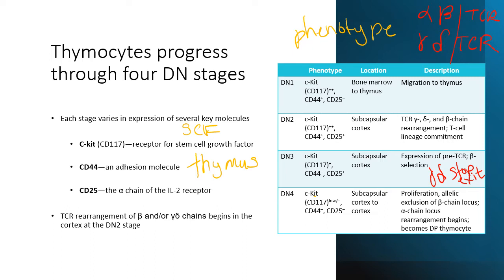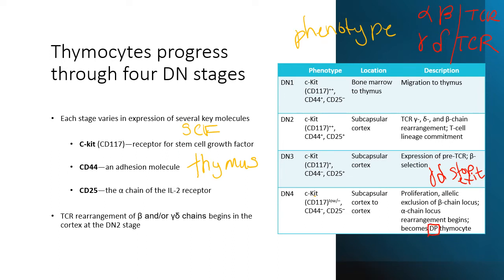And you start dealing with trying to get a productive rearrangement at the alpha chain. If you get a productive rearrangement at the alpha chain, you now progress to also expressing CD4 positive and CD8 positive cells, and those become what's called the double positive thymocytes at the end of this.